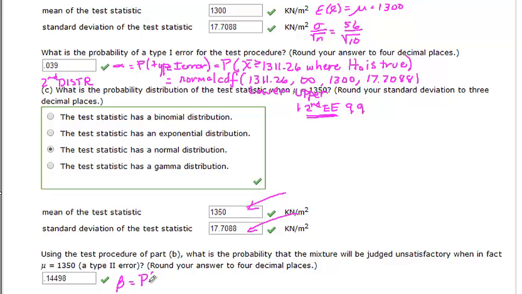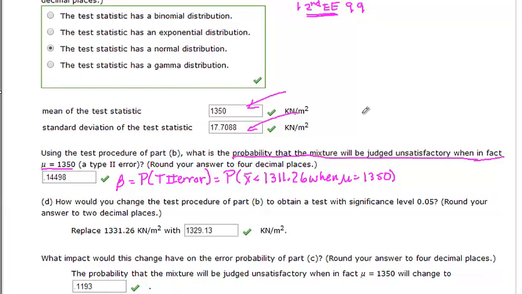The probability of this type 2 error is the probability that the mixture is judged unsatisfactory when in fact the mean is 1350. So I'm going to write that down. So the probability of this type 2 error is the probability that my sample is less than 1311.26 when in fact it really does equal the 1350.